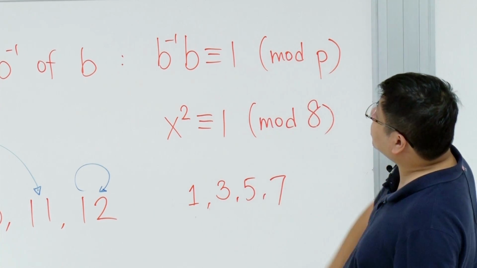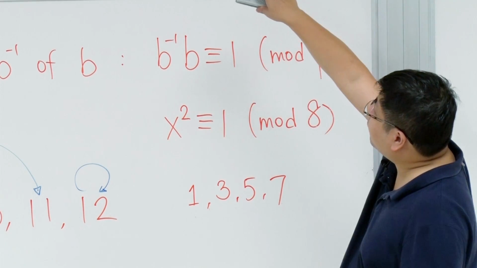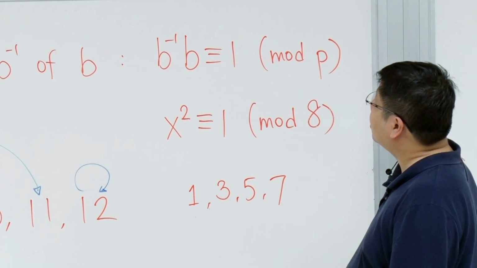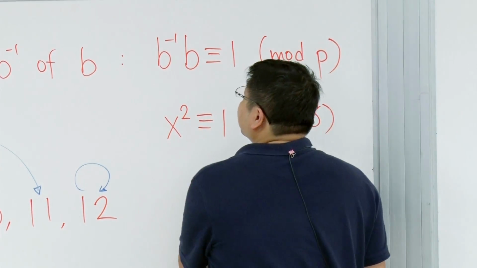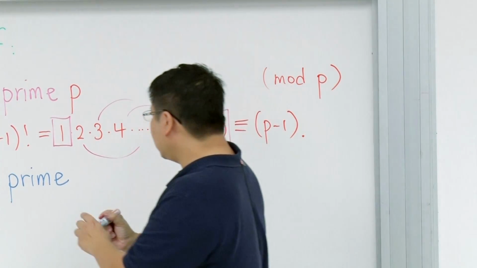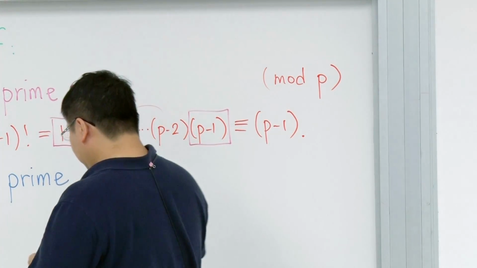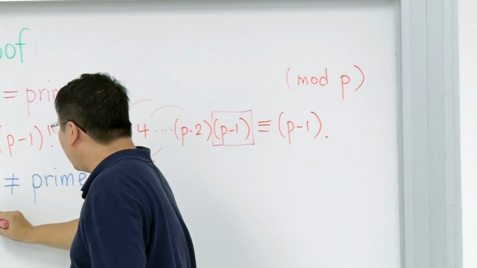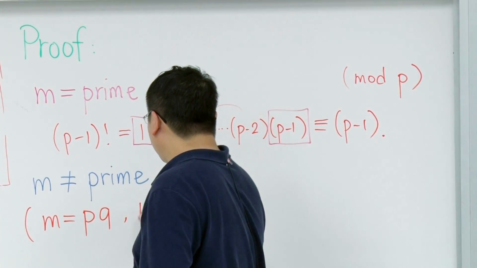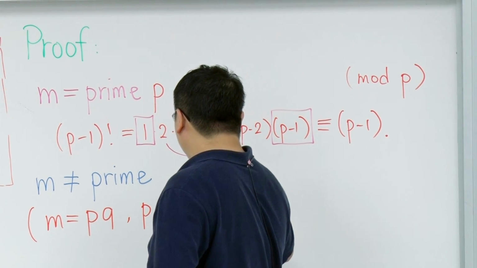Okay, now let's talk about the other part. So we have shown that when m is equal to some prime p, then done. Okay? How about m is not equal to a prime? That means m is equal to some number p times some number q, where p, q are greater than 1.